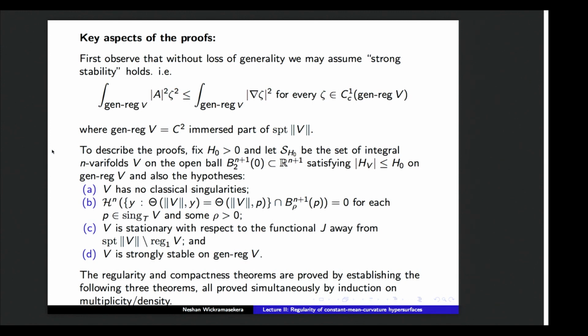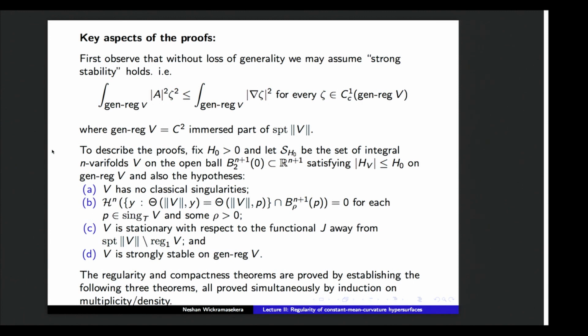So then the first thing to realize is that by going into a very small neighborhood around a point, you can check that the strong stability holds. The point is that if you have two disjoint open sets, and the thing is weakly stable, then it must be strongly stable in one of them.